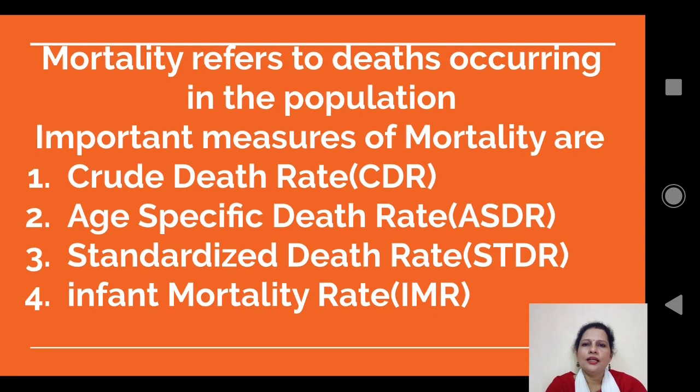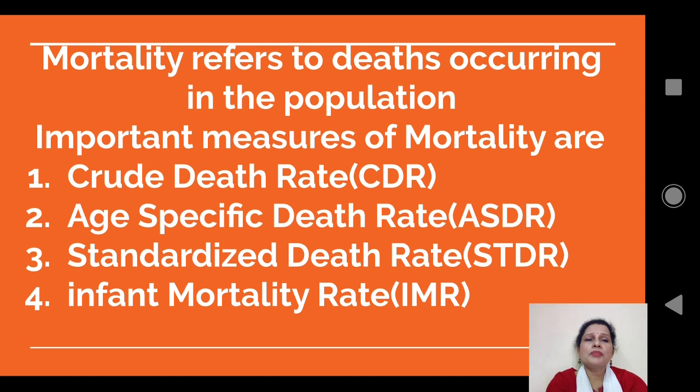Okay, let us start. Mortality refers to deaths occurring in the population. So, mortality is deaths occurring in the population. Mortality rate tells at what rate the population is decreasing due to death.